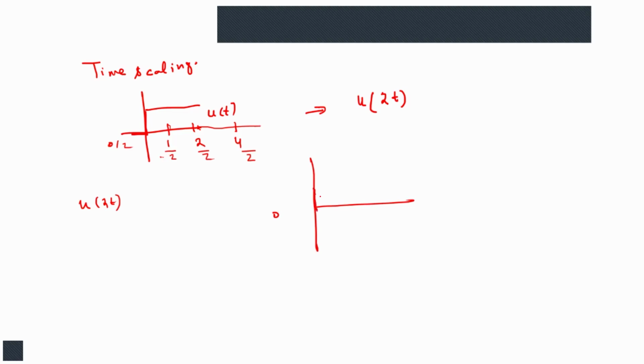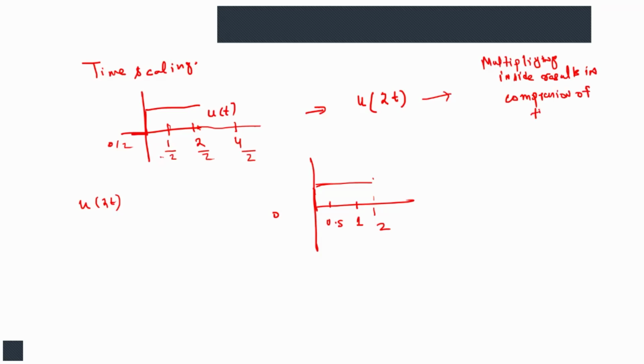This value here will become 0.5, this value will become 1, and this value which was at 4 will become 2. So multiplication results in compression of time. Multiplying inside the parenthesis results in compression of the signal.